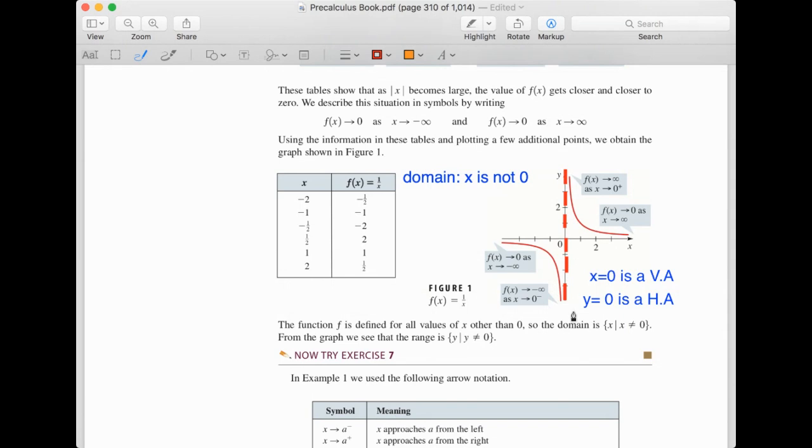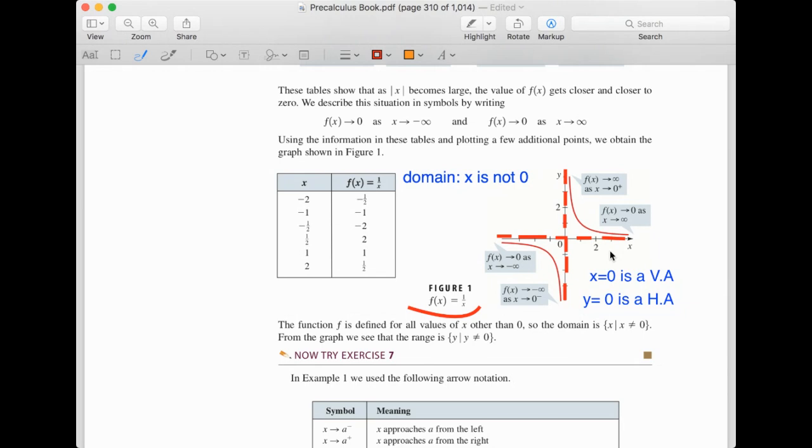So we call the line x equals 0 a vertical asymptote for the function f of x equals 1 over x. And similarly, the x-axis has another name, y equals 0. It is a horizontal asymptote, right?